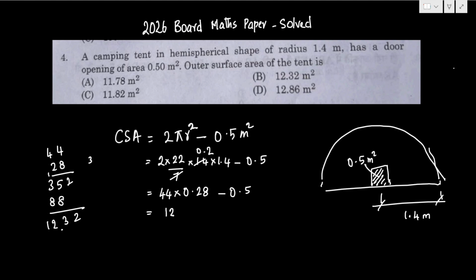So this is 12.32 minus 0.5, and you will get 11.82. So 11.82 is option C. This is the correct answer.